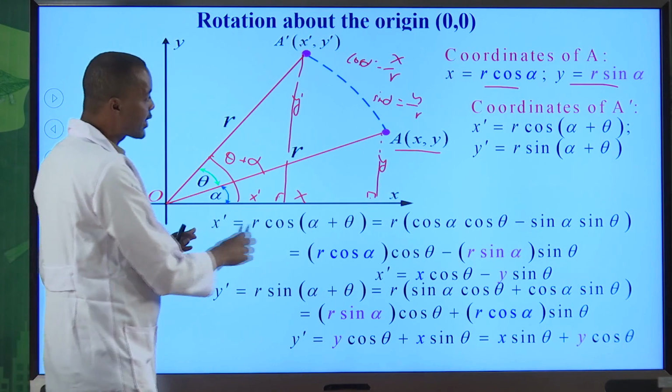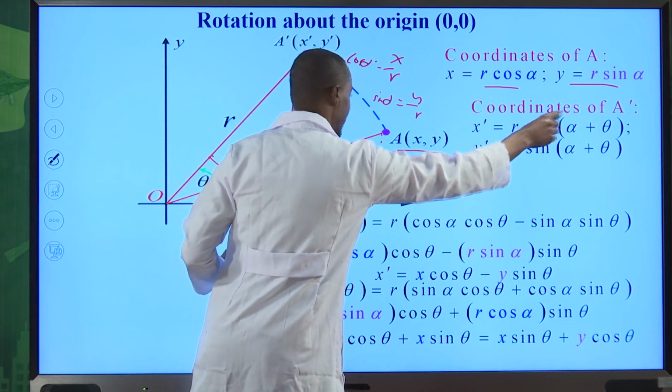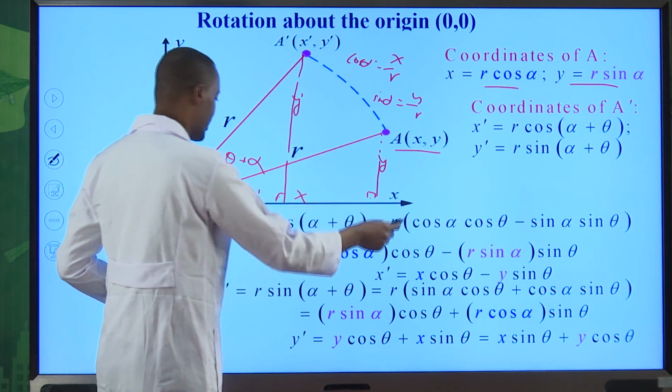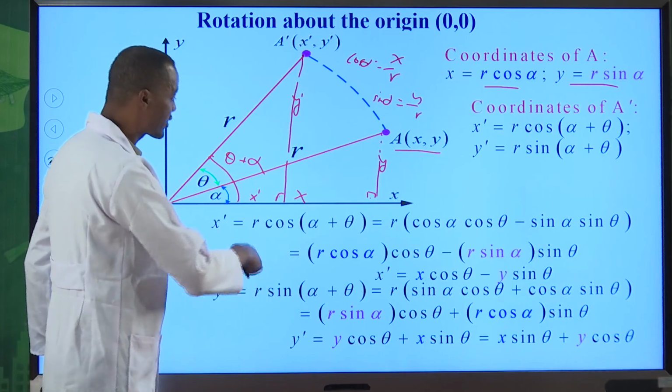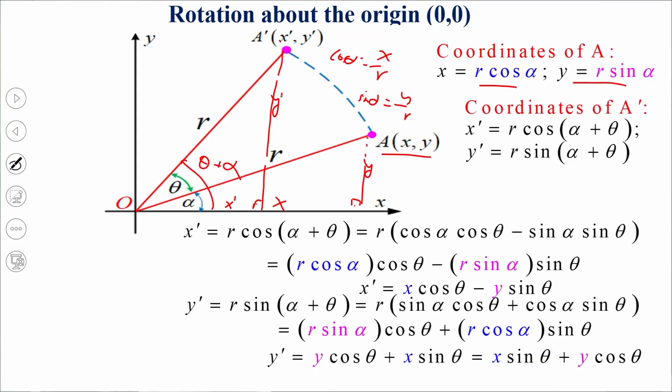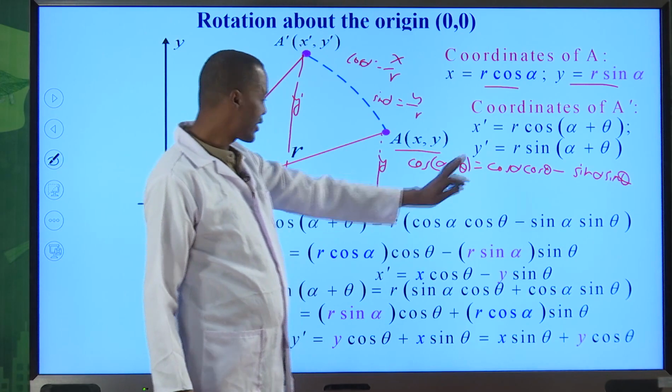I can write this x prime, which is r cosine of alpha plus theta, as we are able to decompose cosine functions into the cosine of this sum of angles. Cosine of alpha plus theta is always equal to cosine alpha cosine theta minus sine alpha sine theta. So by using that trigonometric identity, we can write this as cos alpha cos theta, minus sine alpha sine theta.